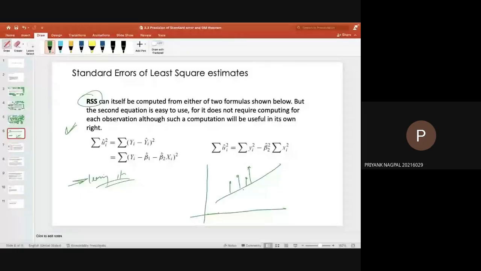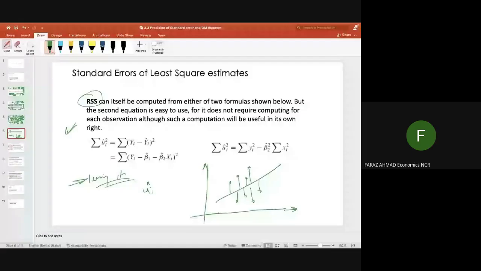Oh, all right, sir. Okay. These vertical distances, these are vertical, right? All these are u_i hats. If you want a measure of how good the line is, you can add these residuals and see how much it is coming, but it will come out to be zero, right?